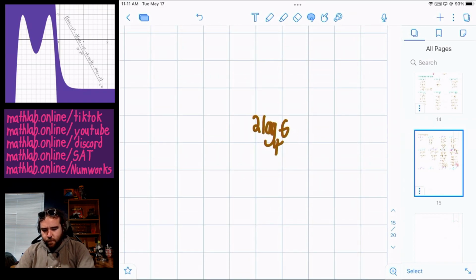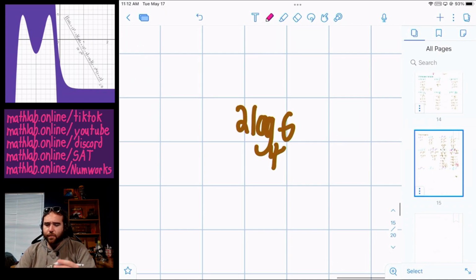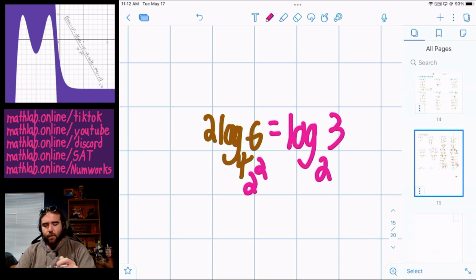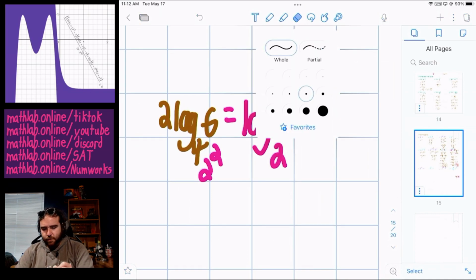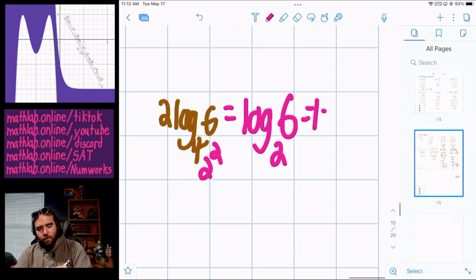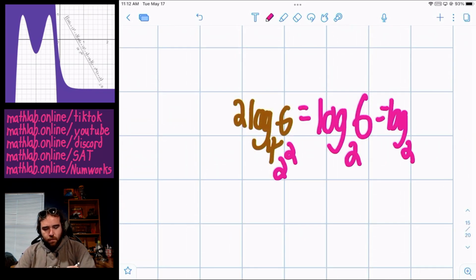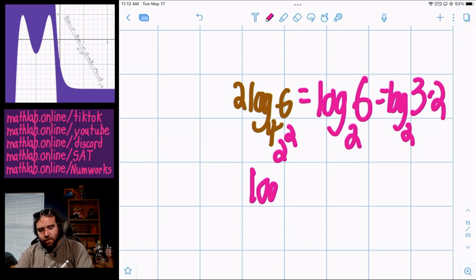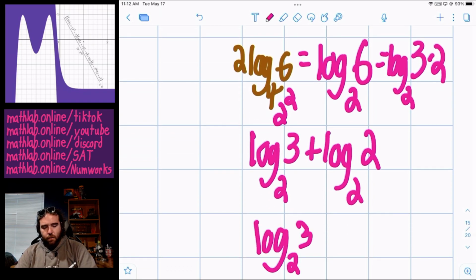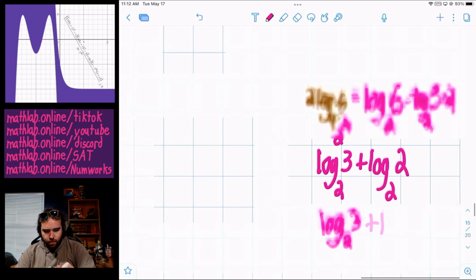So first off, by the secret property of logarithms, we know that this is 2 squared, so we can bring that out to the front. And this is just log base 2 of 3, or 2 of 6. But if this is log base 2 of 6, that means that's log base 2 of 3 times 2, which means we can change that to log base 2 of 3 plus log base 2 of 2, which is log base 2 of 3 plus 1.